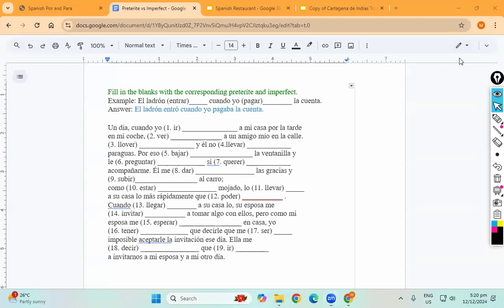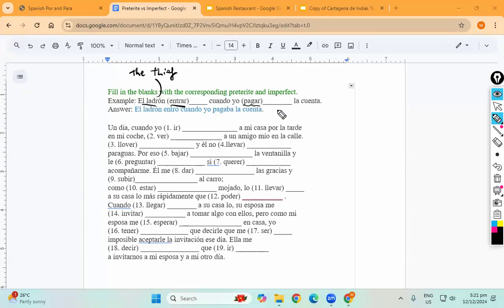Okay, fill in the blanks with the corresponding preterite and imperfect. El ladrón, something, cuando yo something la cuenta? Right? And the answer is the thief entered, right? So he entered when I was paying the bill.